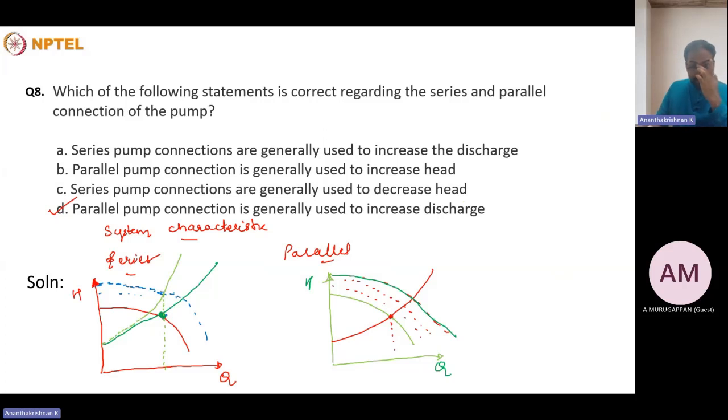Correspondingly, what we can see is that discharge increases significantly for a small increase in the head. So this is a discharge increase corresponding to a small increase in the head for the parallel connection. So the answer to this problem is that parallel pump connections are used to increase the discharge. So option D is the right answer.